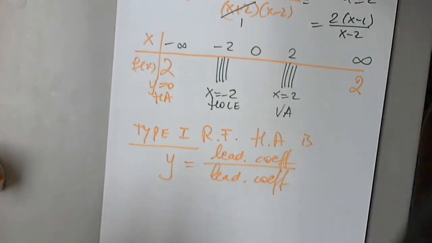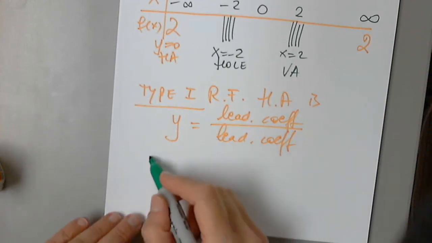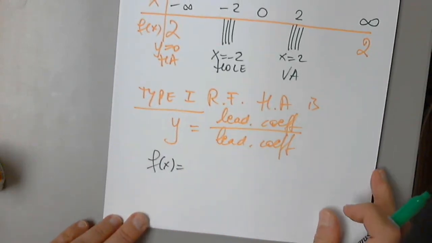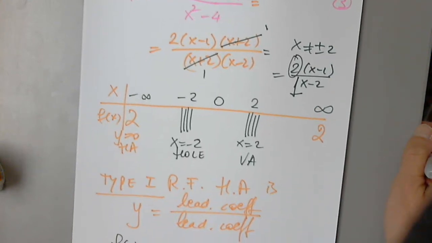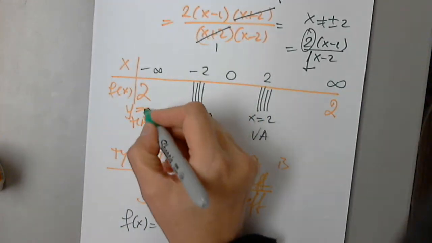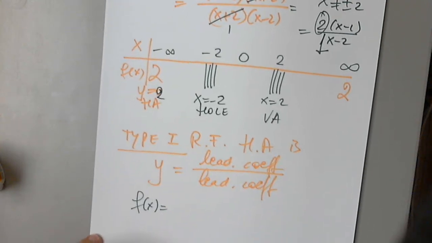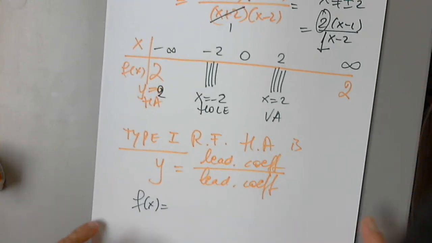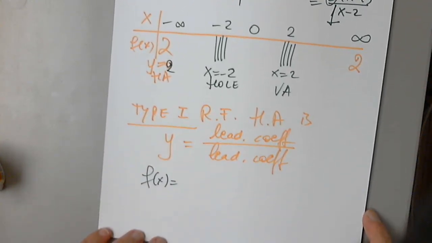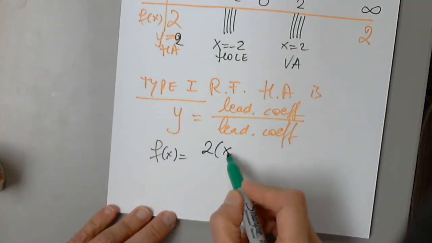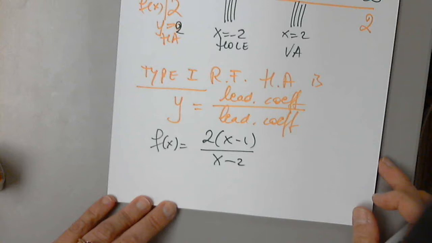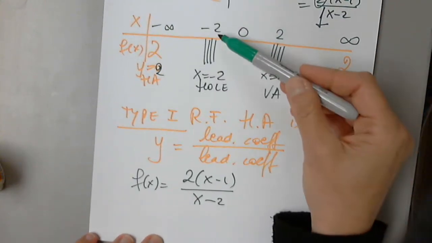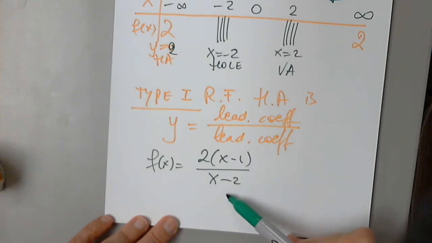So the final simplified form of this function is, correct, 2 over 1. Sorry, my apologies. Okay, so then it's 2x minus 1 divided by x minus 2. We have to plug in negative 2 in this function now.